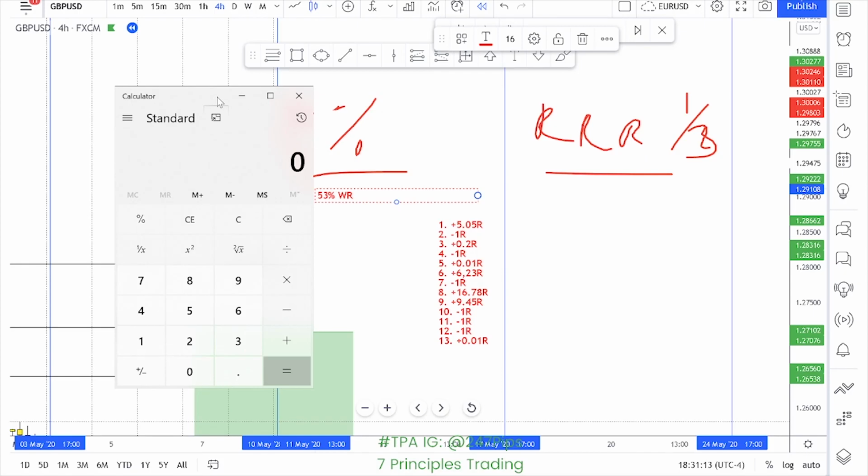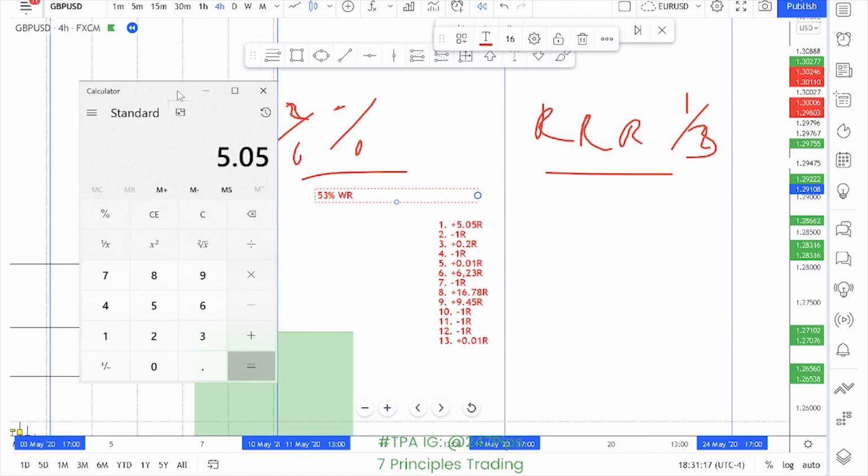Okay. So we made 5.05. We have -1. We have positive 0.02. We have -1, positive 0.01. Plus 6.23R.